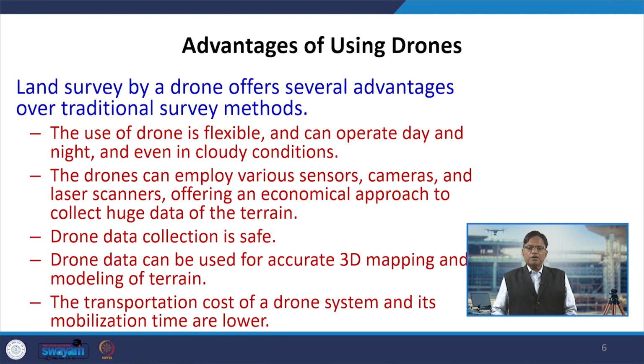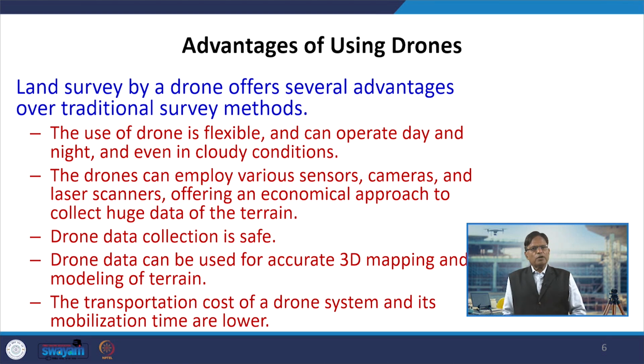There are several advantages. Some of the advantages we will discuss here. When we are doing land surveying and mapping using a drone, and we compare it with the traditional ground based surveying method, the use of drone is flexible. We can fly it anytime. It can operate day and night, that is another big advantage, and even in cloudy conditions it can take good images because it is flying at a low altitude.